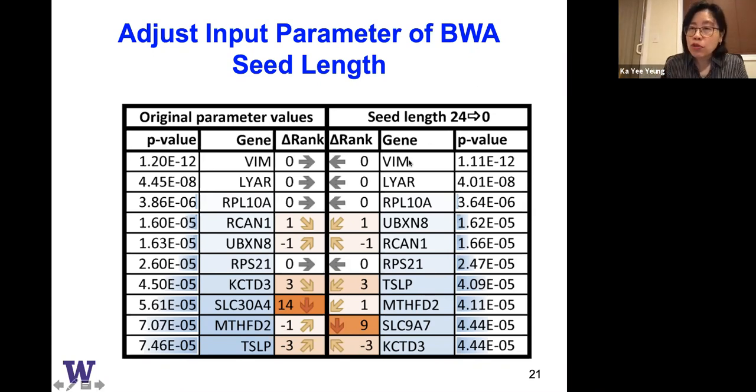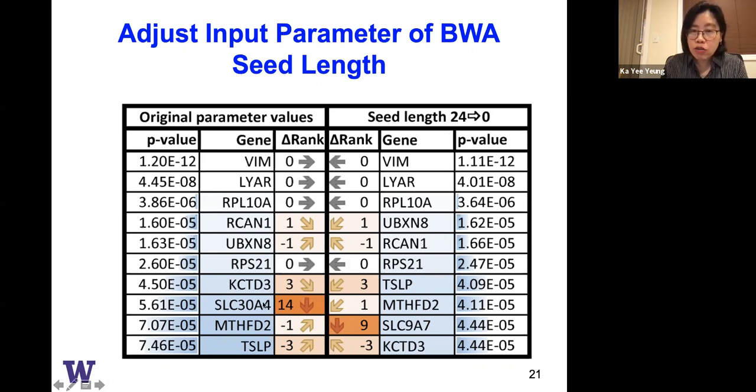Even when we reduce the seed length to 0, VIM remains the top differentially expressed gene. But when we go down the list, we see some more changes. For example, RCN1 is the top 4 differentially expressed gene when the seed length is 24, but it goes down to 5 when we reduce the seed length.